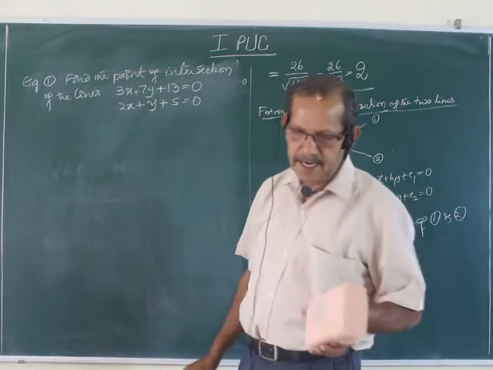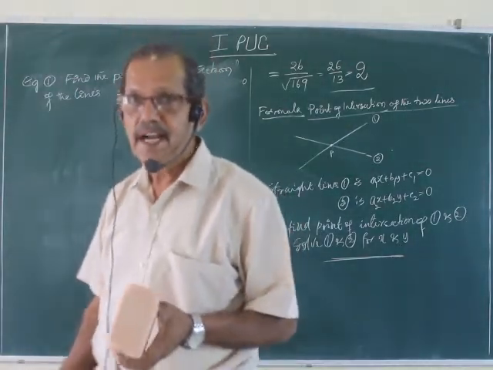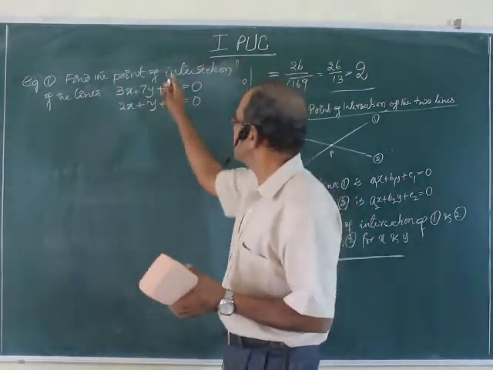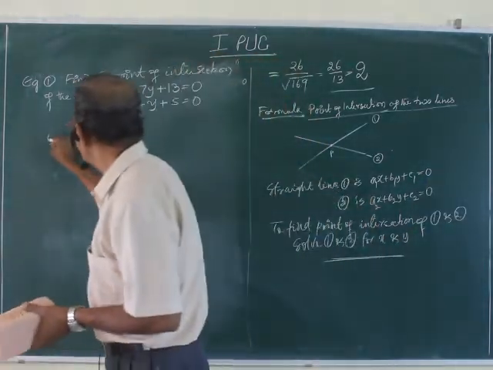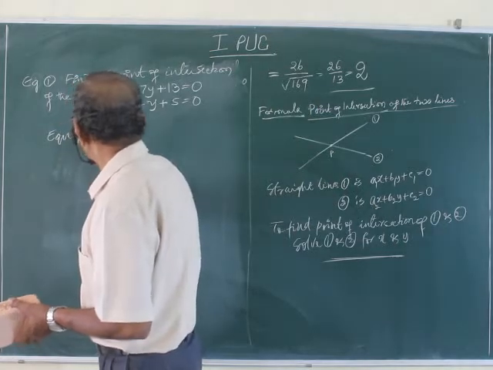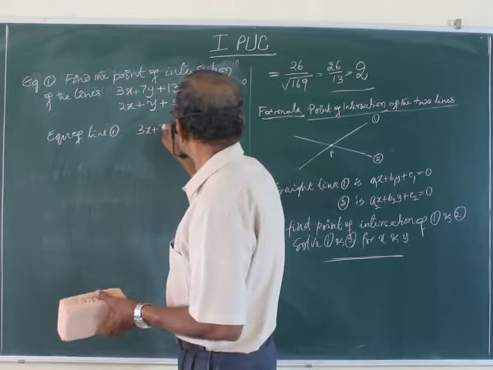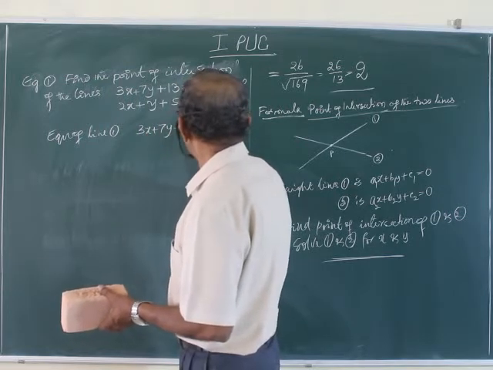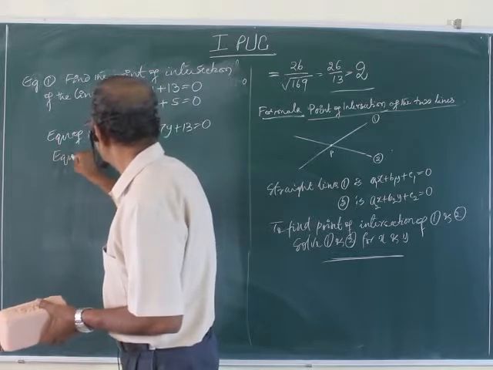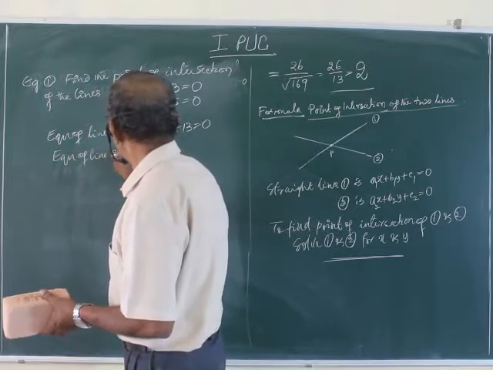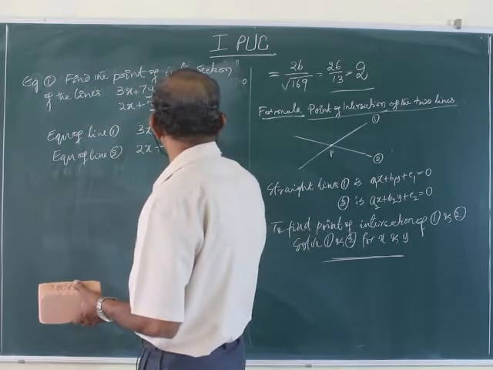Equations of two straight lines are given. In order to find a point of intersection, just what you have to do, solve the equation, that's all. Equation of line 1: 3x plus 7y plus 13 equal to 0. Equation of line 2: 2x plus y plus 5 equal to 0.